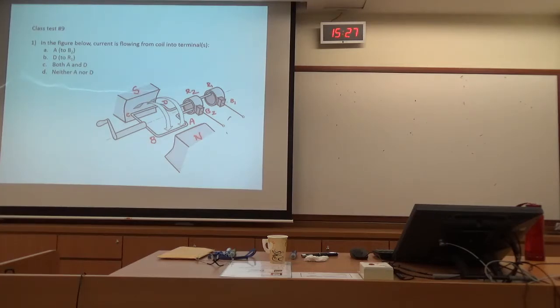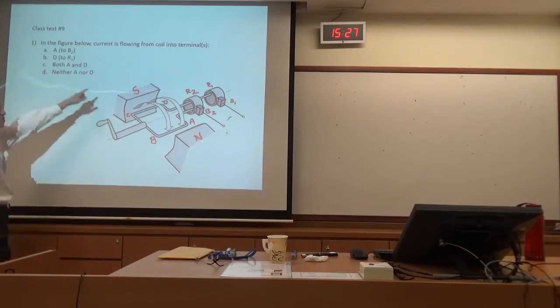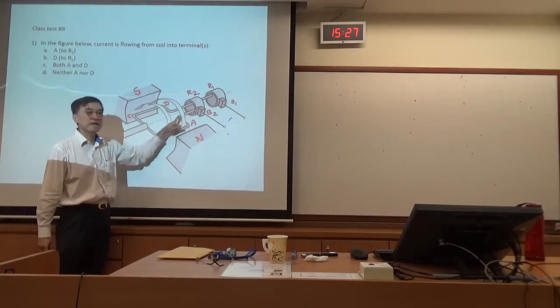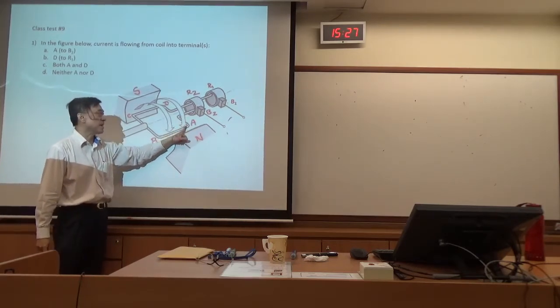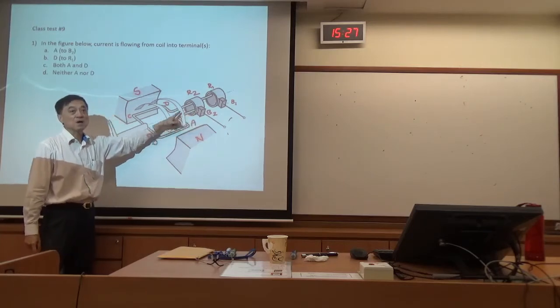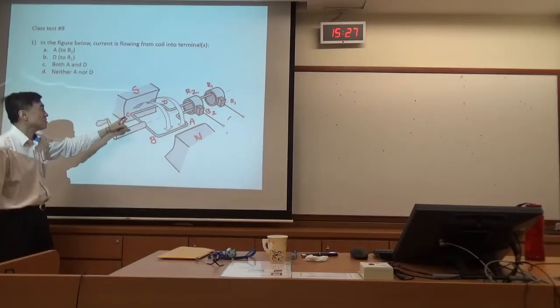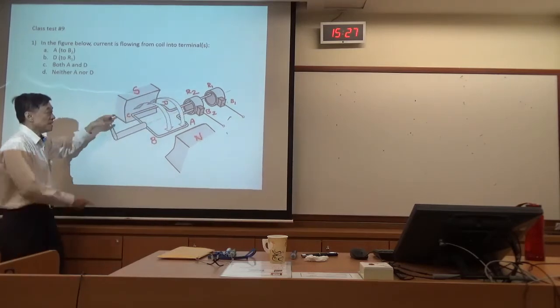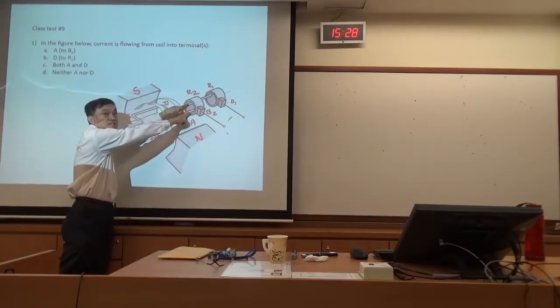Okay, now one more time. A means current flows from A to B2 direction. B means current flows from D to R2 direction. C means that the current flows in both directions.